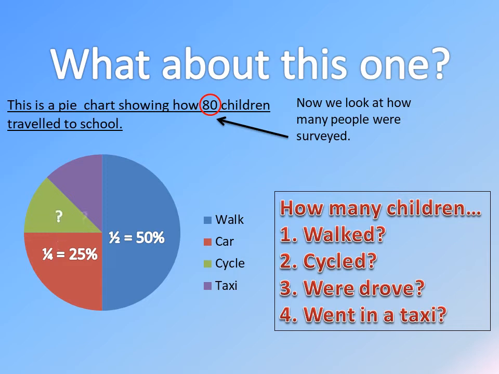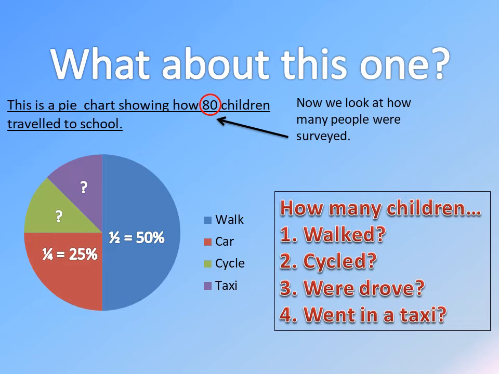What about these 2 sectors, which are for cycle and for taxi? Cycle and taxi here are equal sectors and they are half of the 25%, or half of the quarter. Half of the quarter means 1 out of 8, and half of 25% means 12.5%.